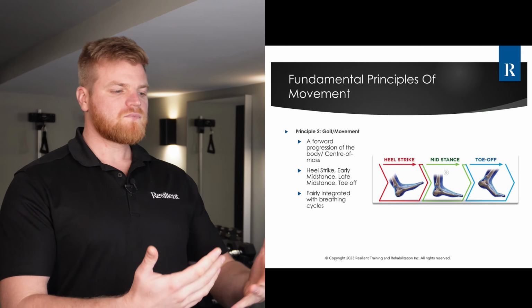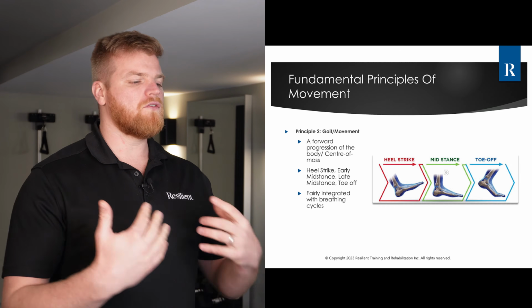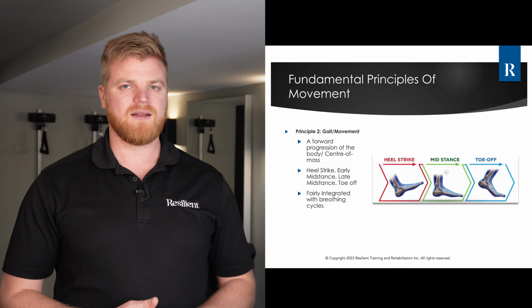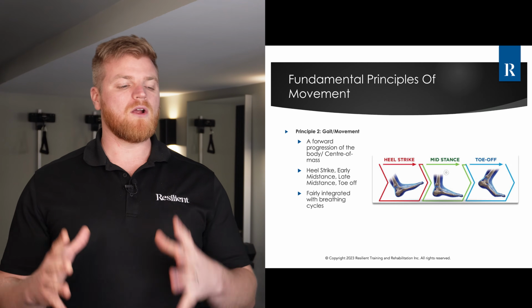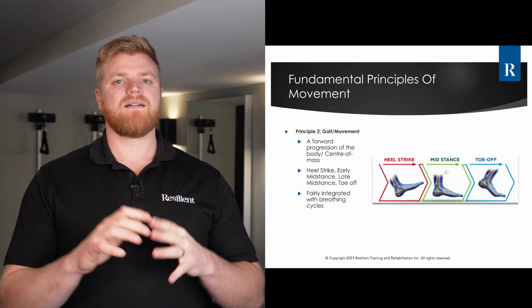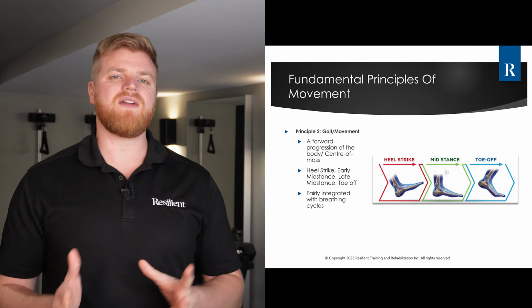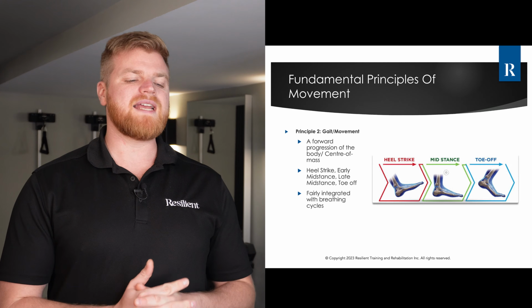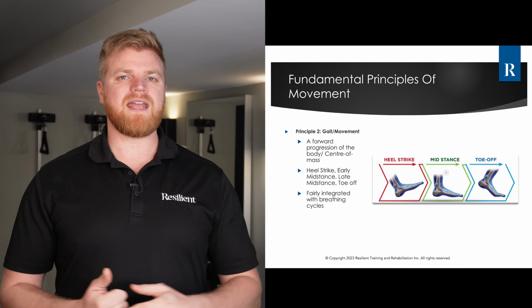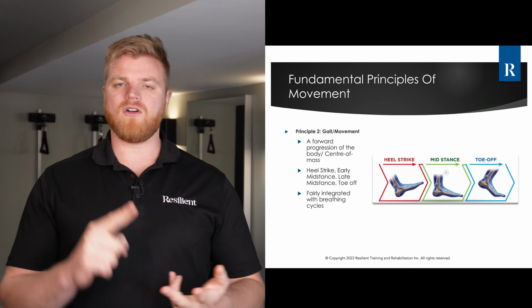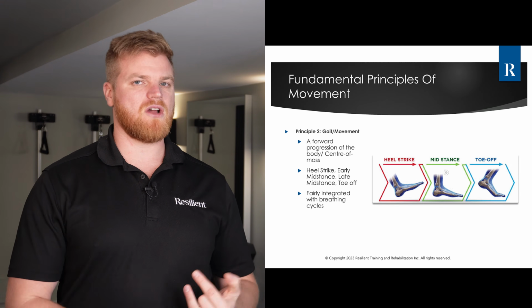And so gait is just a forward progression of our body, or a forward progression of our center of mass. And as I said, we are going to be dividing our assessments and our exercise selection based on these phases of gait, because each phase has different representation of what's going to be happening at the joints above. So we've got heel strike, early mid stance, late mid stance, and toe off.